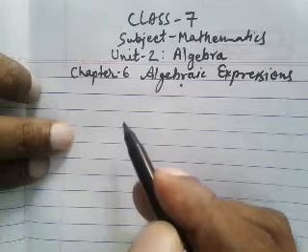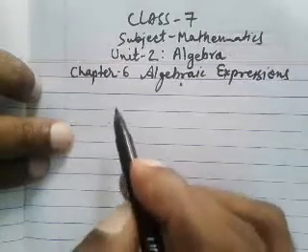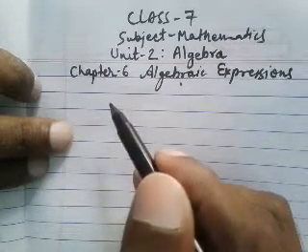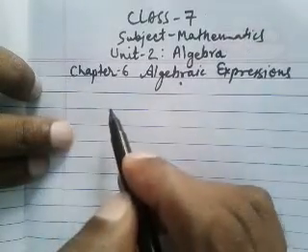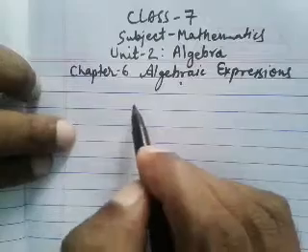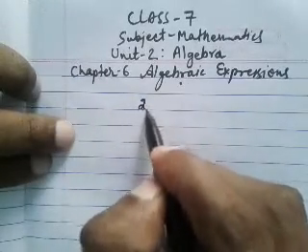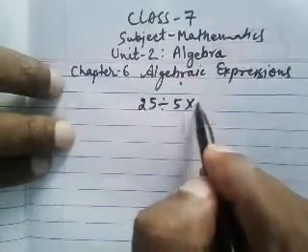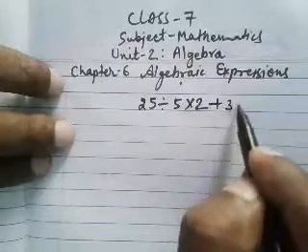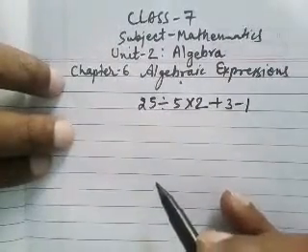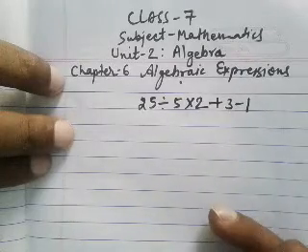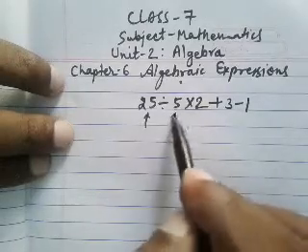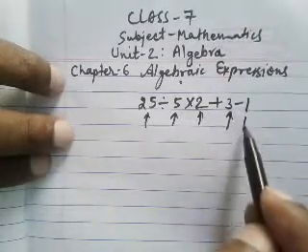The first question that arises in our mind is: what is algebra? Suppose we write an expression like this: 25 divided by 5 multiplied by 2 plus 3 minus 1. Here these are fixed values.